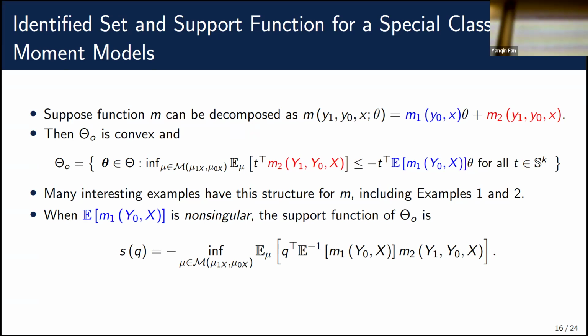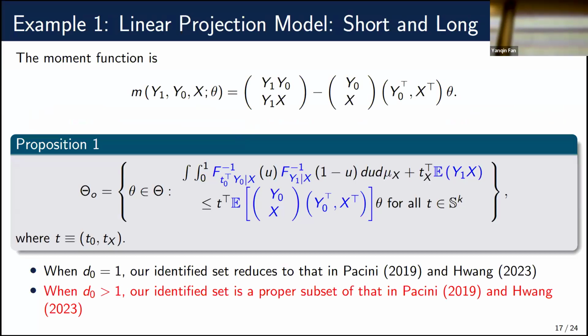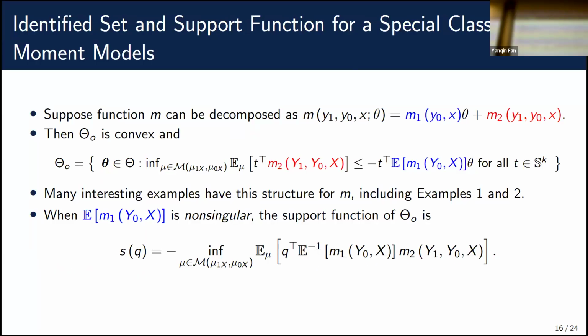It's just when this is non-singular, we are able to get the support function. One thing I probably didn't emphasize enough is that this identified set is convex. We're only able to show this for this special class of moment functions.